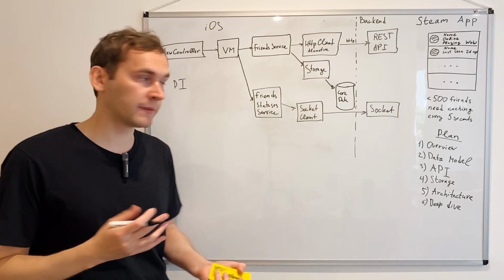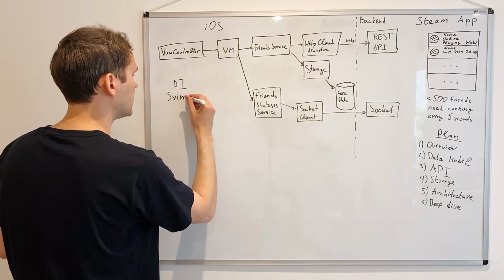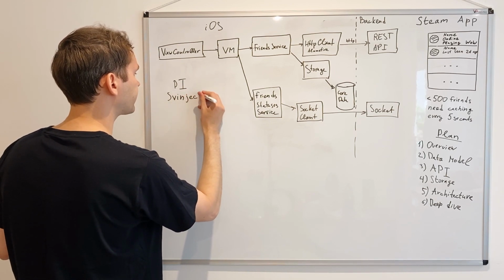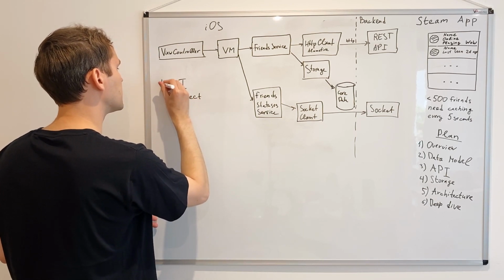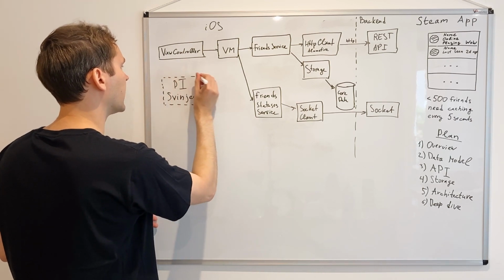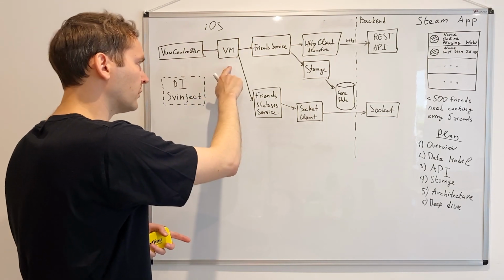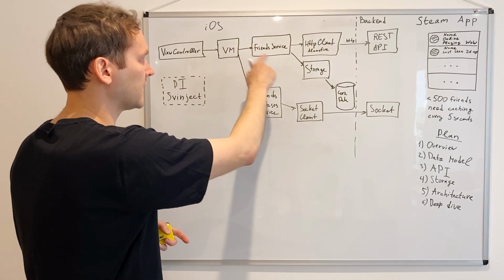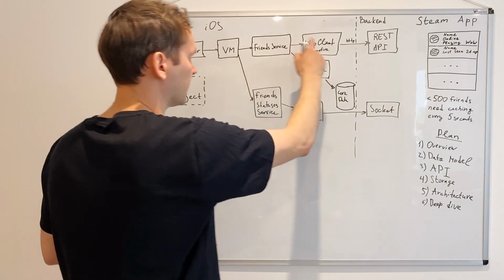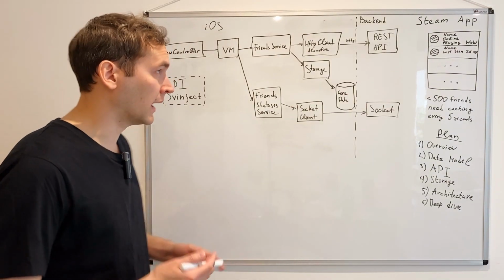For example, for Swift, it's called Swinject. So we will use the DI container Swinject here, and it will help us build the dependency graph. So the view controller would be holding the view model, which would be holding the friend service, which would be holding the client and the storage, etc.